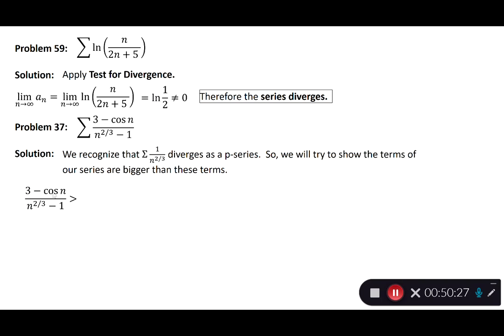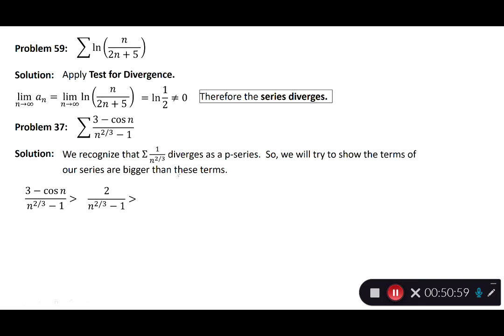So the value of 3 minus cosine n would be 2.5 in that case, which is bigger than 2. If you subtract negative 1, 3 minus negative 1 is 4. 4 is bigger than 2. So definitely 3 minus cosine n is guaranteed to be bigger than 2. So we can say this is greater than 2 over n to the 2/3 minus 1. We didn't mess with the denominator. Right?